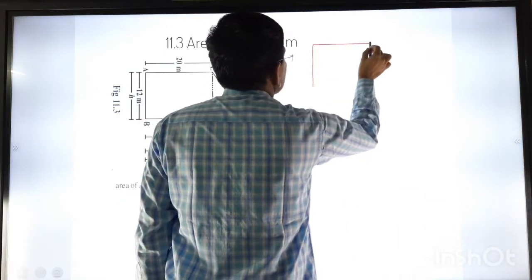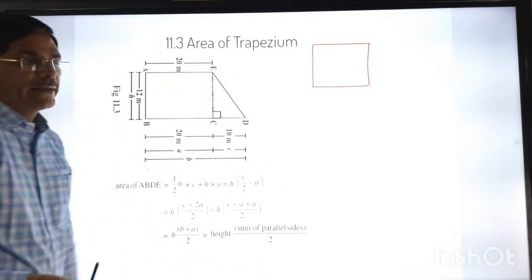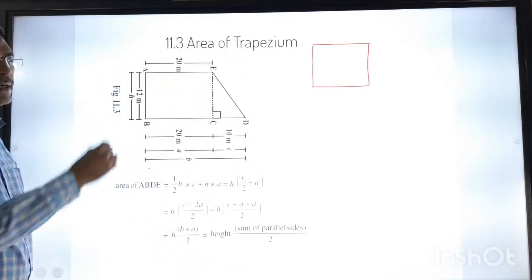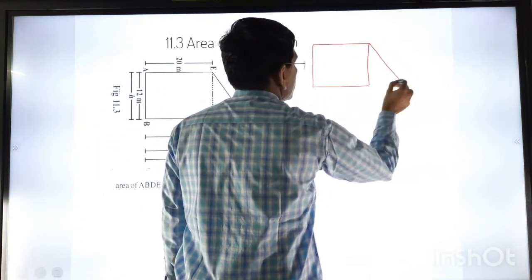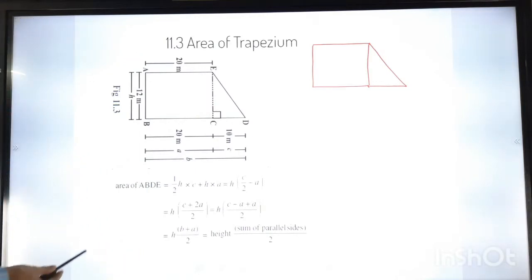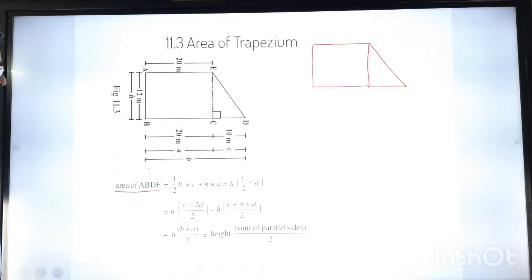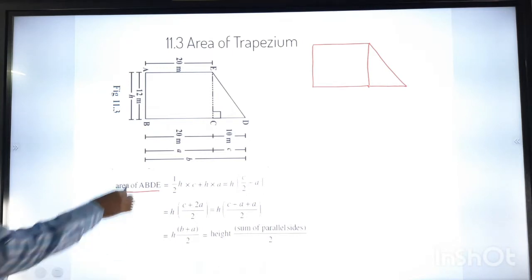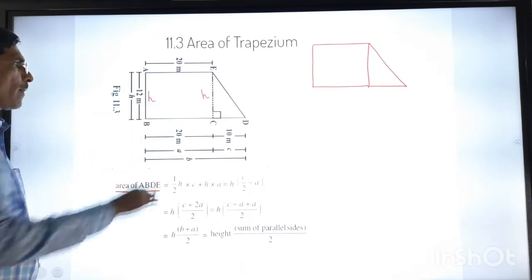Here it is a rectangle. Area of rectangle. And if I draw one triangle here, then area of triangle. So that is why, for area of trapezium ABDE, what I have to use here, see, it's a height h. Here again it is a height h.